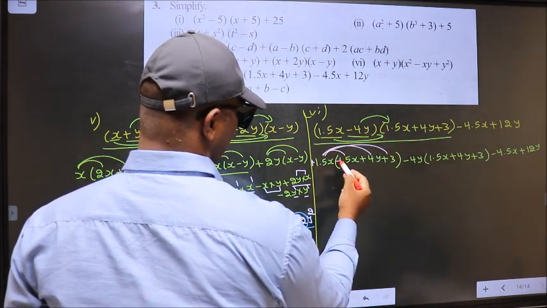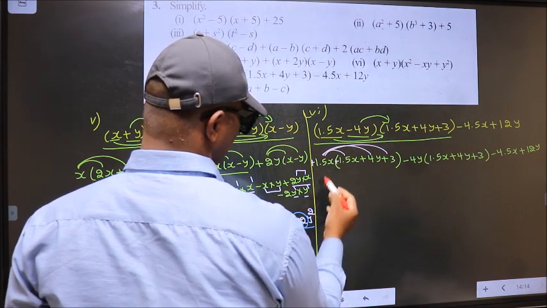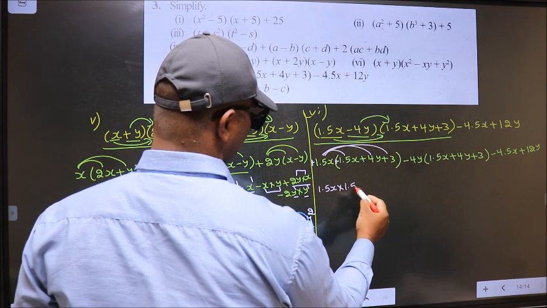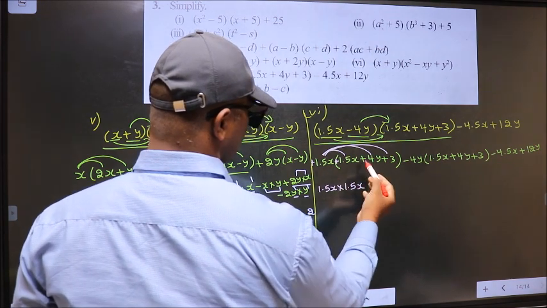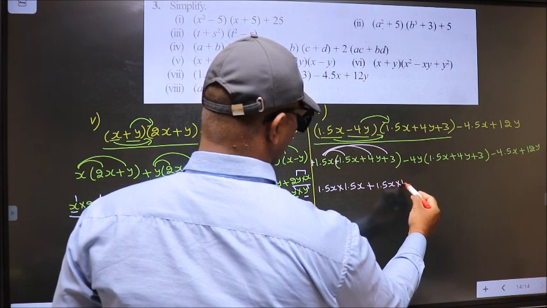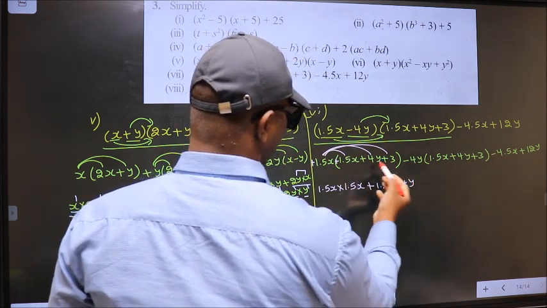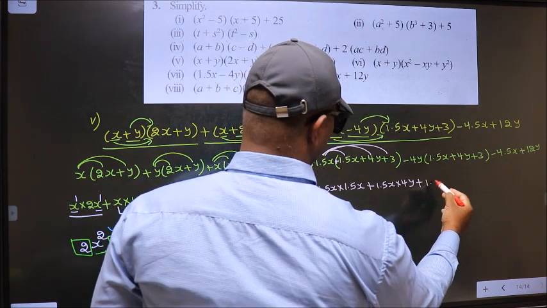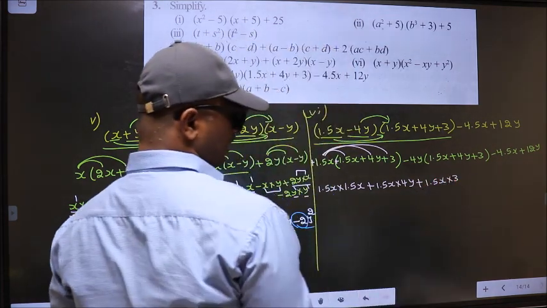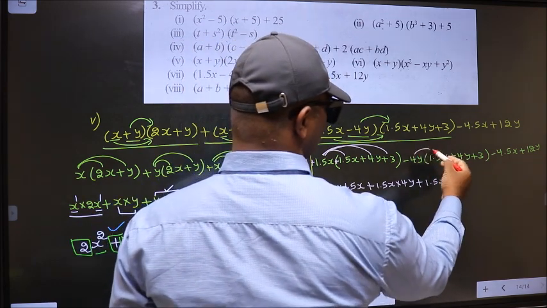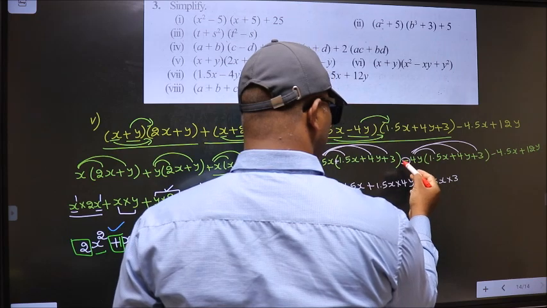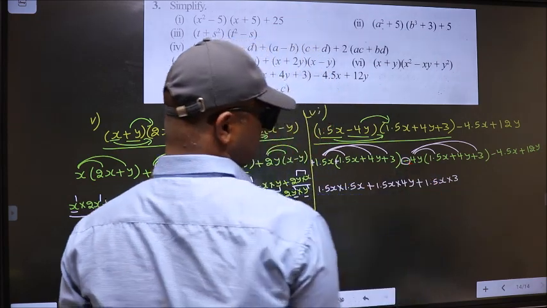So plus into plus we get plus. So 1.5x into 1.5x plus into plus plus 1.5x into 4y plus into plus plus 1.5x into 3. Now here also we should open up the brackets in this way, but careful, here we should not miss negative.